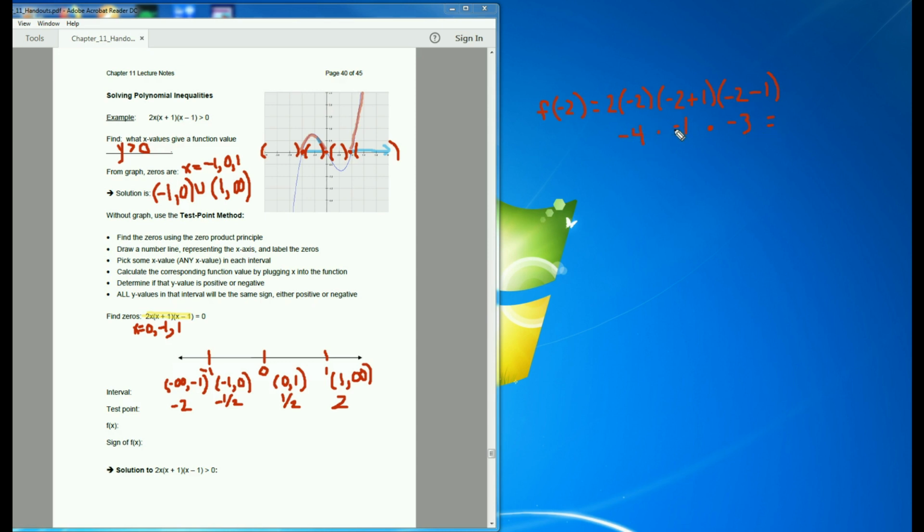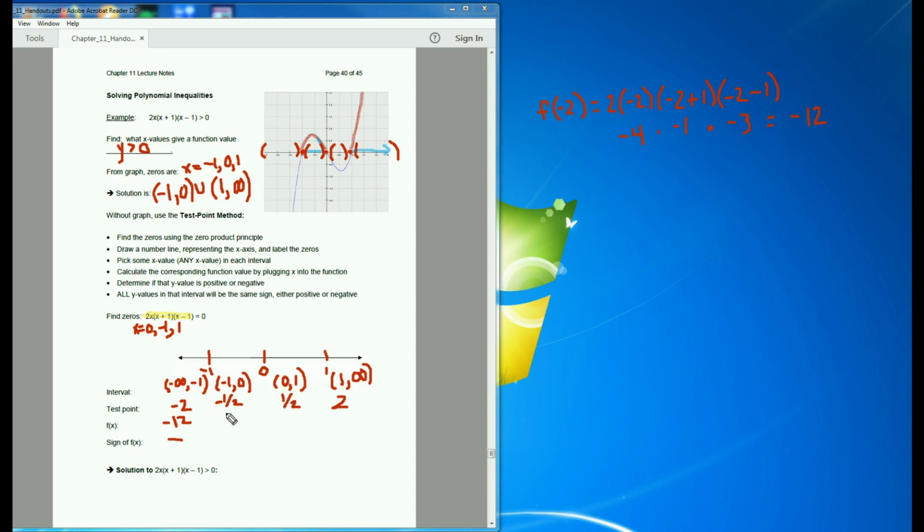Negative, negative, negative, so it's going to be -12. So f of x is -12, and the sign of f of x is negative. If you come back up to the graph, this is the interval we're talking about, and sure enough, the y values, the output, are negative.